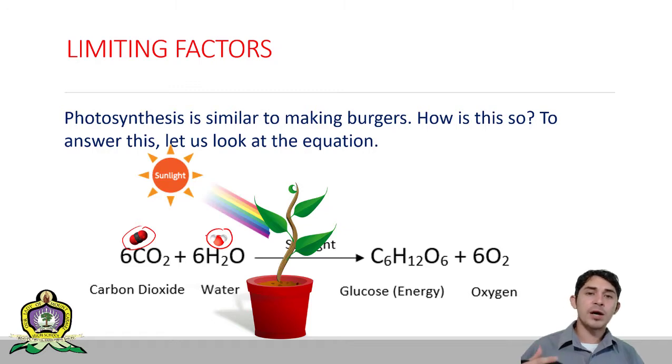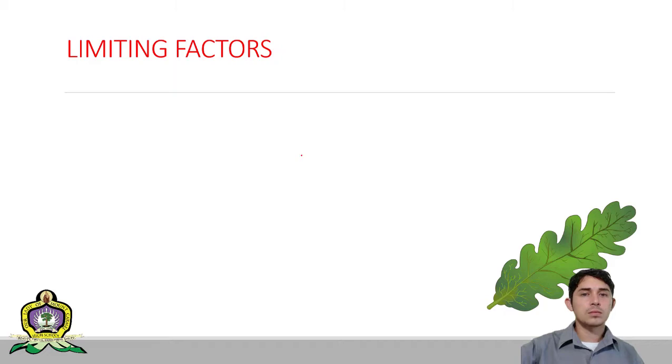Water is also part of the equation, and it's also important, fundamental in photosynthesis. Without light, photosynthesis cannot occur. And then we also have an extra one, which we will cover in the next slide. So what are the limiting factors of photosynthesis?